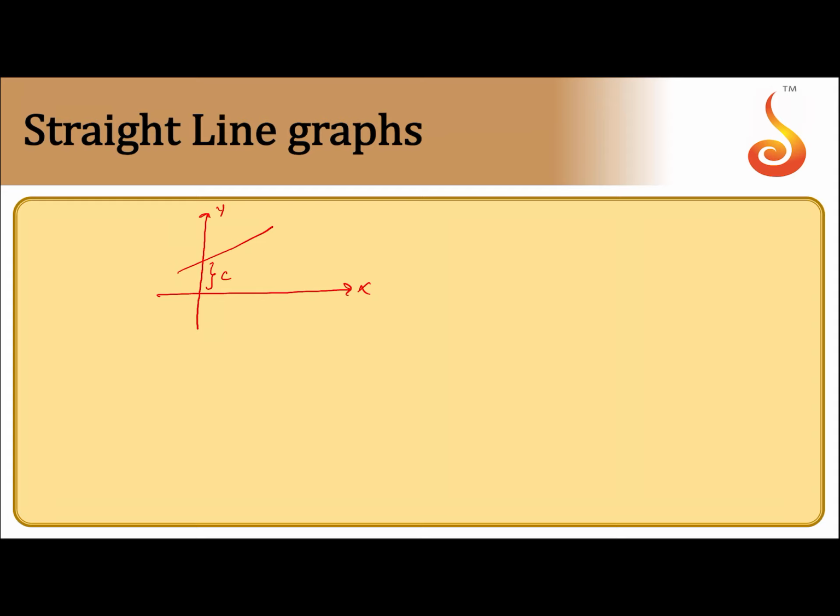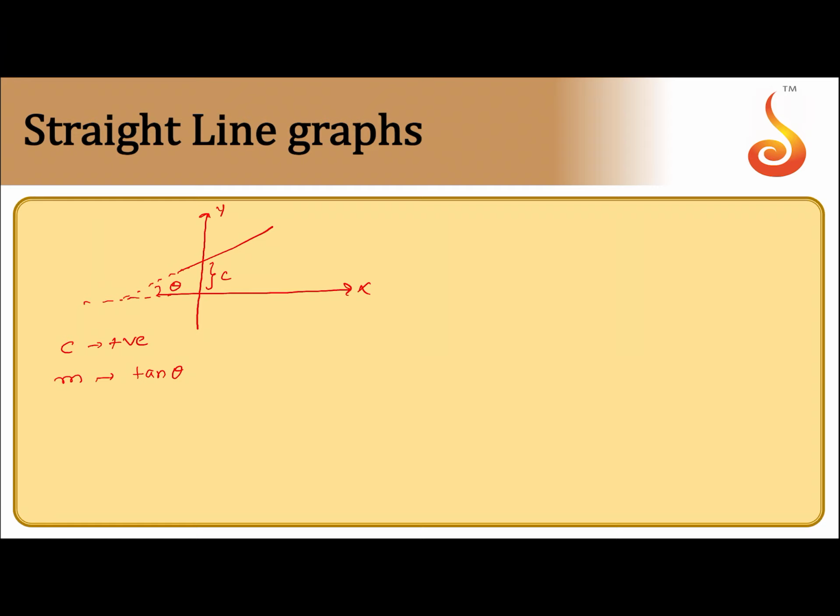Now, if you look at this carefully, here c is positive. And what about that m? Is that m positive or negative? Let's look at this. m is nothing but tan theta. This is your theta.